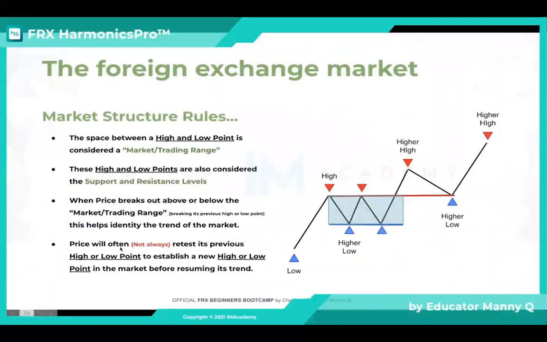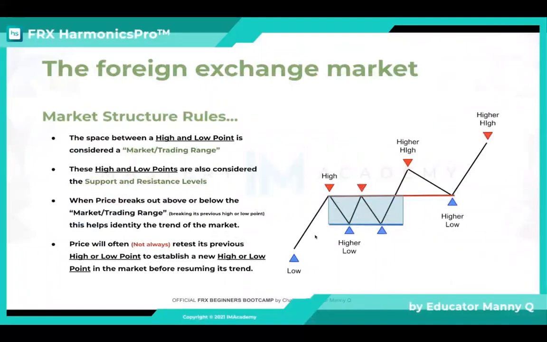Now let's come back over here. Price will often, not always, retest its previous high or low point to establish a new high or low point in the market before resuming its trend, right?